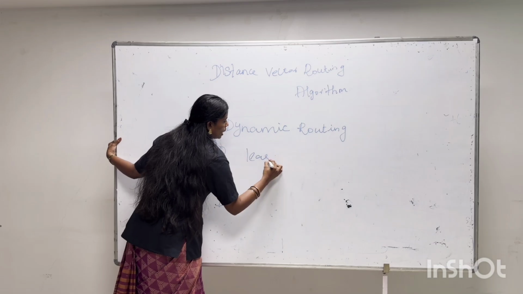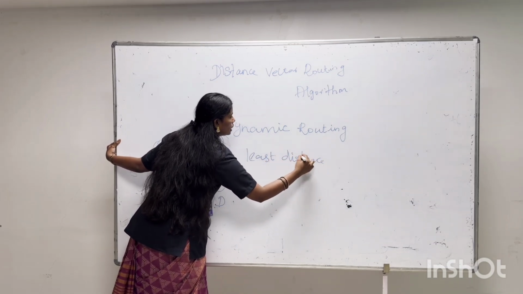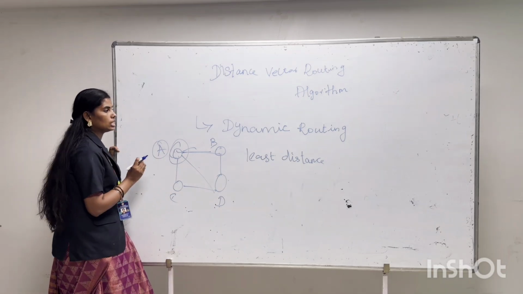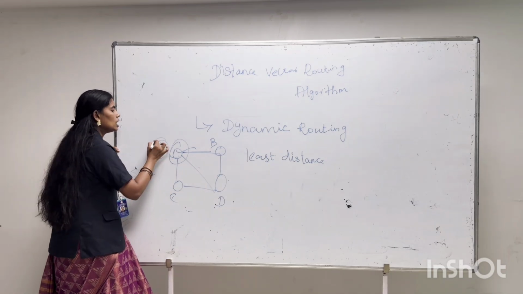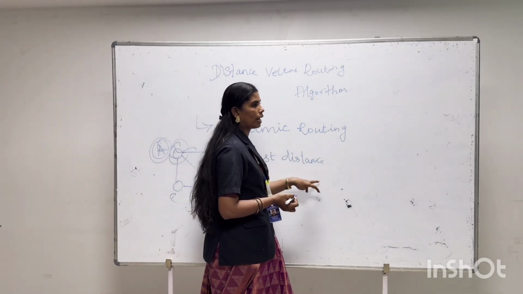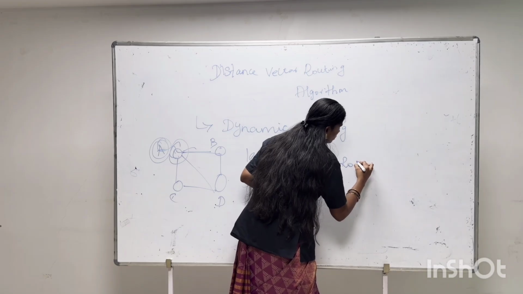In the given data sets, we are going to calculate the least distance to communicate the same data sets. For the least distance, we are going to find it with the help of the routing table.